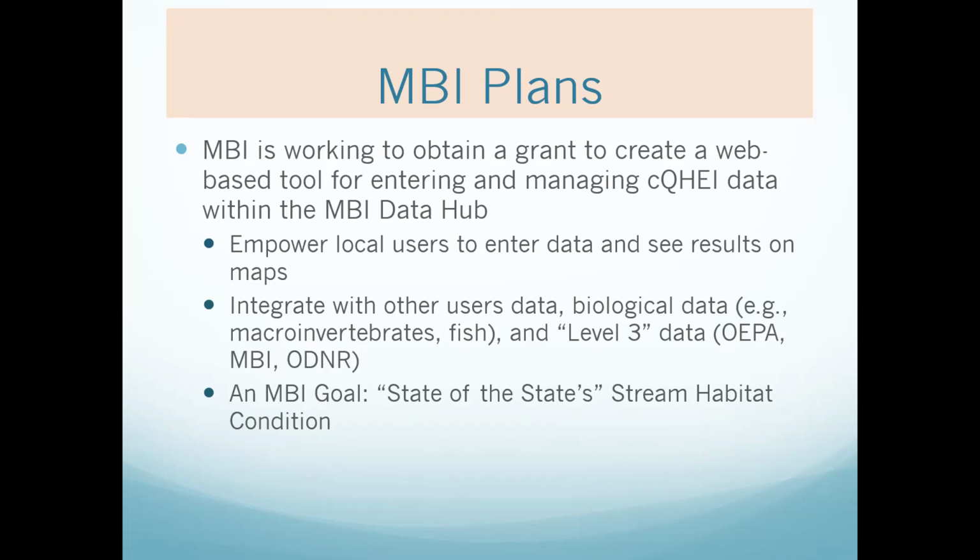Integrating with other user data. Like I said, this will go into the EPA's credible database. So you guys will be credible data collectors, or QDCs, and this will house all credible data. People will be able to even look at this data. There's level 2 and level 3.